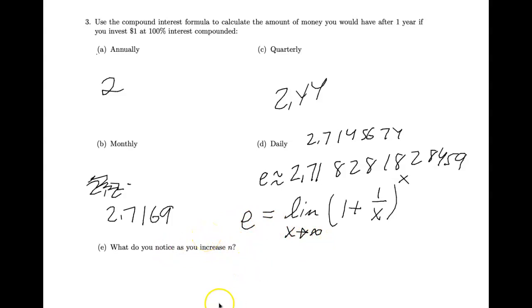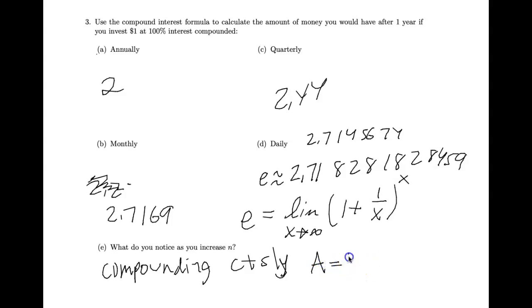What this is telling us is that because we were compounding without bound, meaning that it's continuous, compounding continuously, we're saying that A equals P e to the r times t.